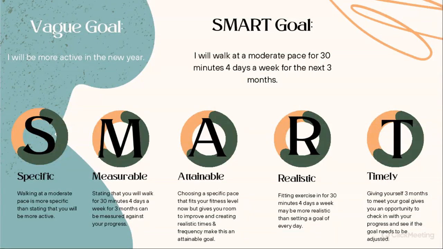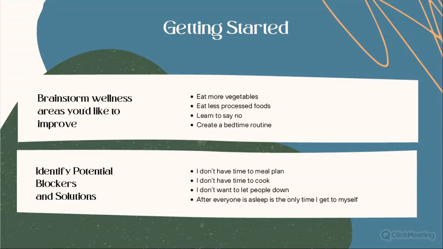Or maybe it's not working at all, and maybe 3 days is better. Whatever, you can adjust up or down. But the idea is, if you were not walking at all last year and your goal was to be more active in the new year, and now you're walking 3 or 4 days a week, you're achieving your goal.